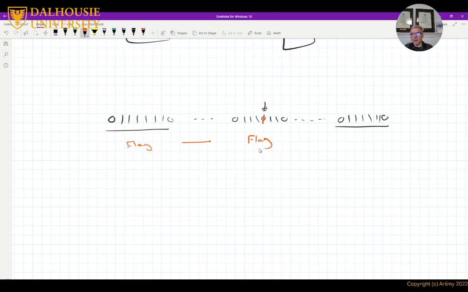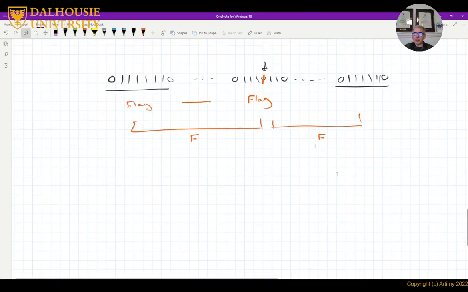It thinks that this is a frame and this is another frame. It thinks that it actually received 2 frames, especially since HDLC allows merging 2 flags together, so it doesn't have to be flag, content, flag, content. So it thinks that it's actually receiving 2 separate frames, and of course one of them will not make any sense at all, so it will be a problem.